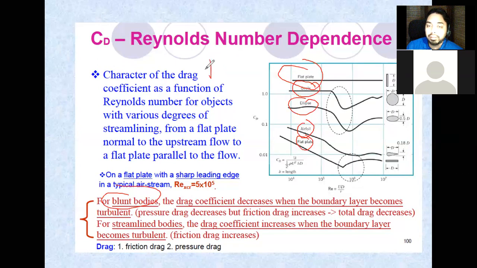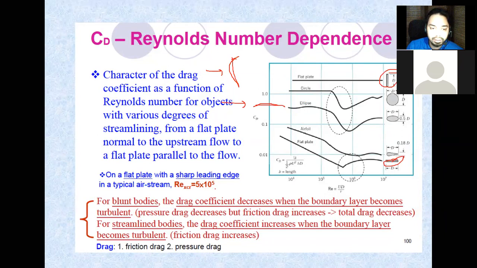When dP is lower, you have a streamlined body. When dP is high, you have a blunt body. Easily, you can say that a blunt body is trying to oppose the flow direction, while the streamlined body is along the flow direction. For example, this is a blunt body, but this one is a streamlined body. So it depends on the orientation also, of course.